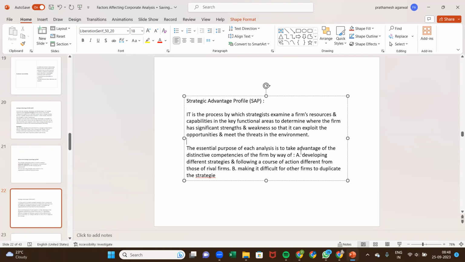The essential purpose of each analysis is to take advantage of the distinctive competencies of the firm. Now, competencies, we do a competency mapping, right? We always try to study why this particular firm is better than the other firm.